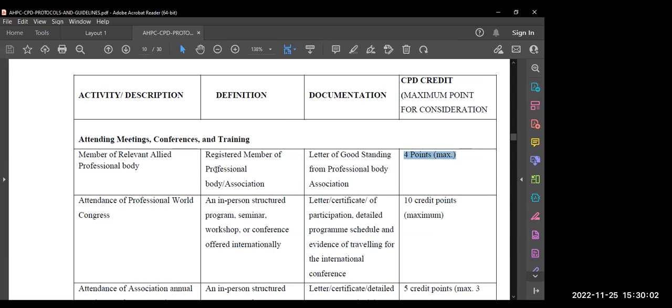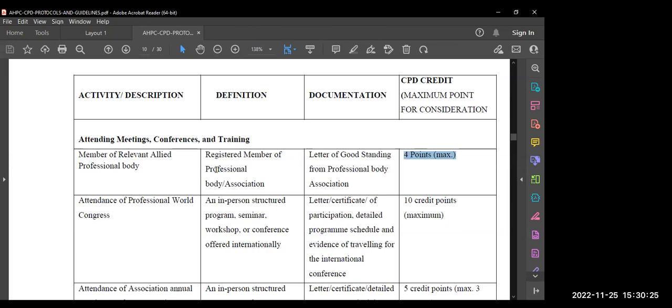Now this is the part that we still have issues with the council. The protocol says 4 points, and they put in brackets maximum. So what they suggest is that they can determine that you are a member, but your membership doesn't qualify for 4 points. That is where we are still seeking clarification.